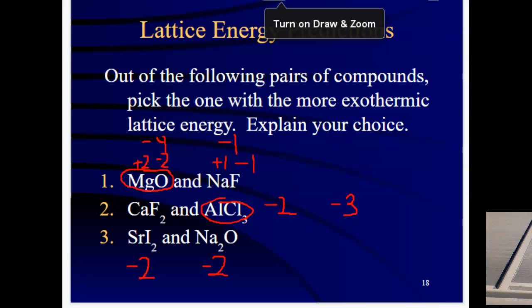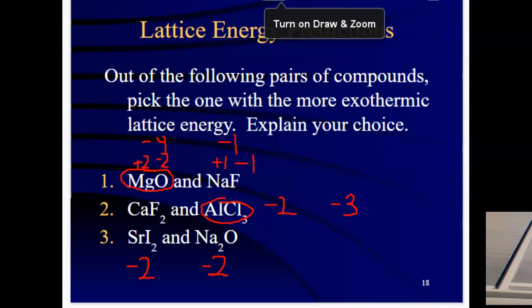When we compare strontium and sodium on their size, strontium is larger than sodium. And when we compare iodine and oxygen, we see that iodine is also larger. So we know that strontium and iodine are going to have a larger radius than sodium and oxygen.